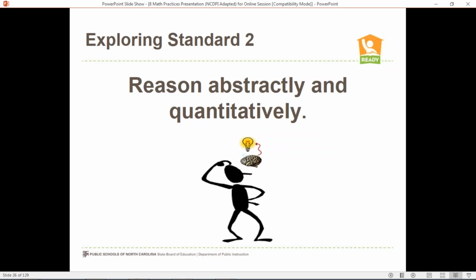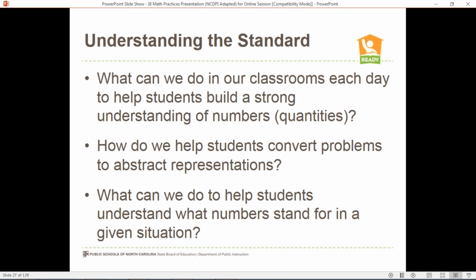So the first mathematical practice, again, to persevere and to problem solve, is one that overshadows or encompasses all the other standards. And that brings us into our second math standard: to reason abstractly and quantitatively. So we're thinking again, how do I help my kids each day build a stronger understanding about quantity and number?